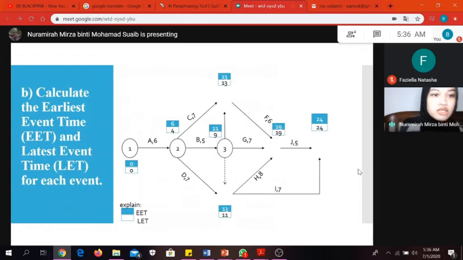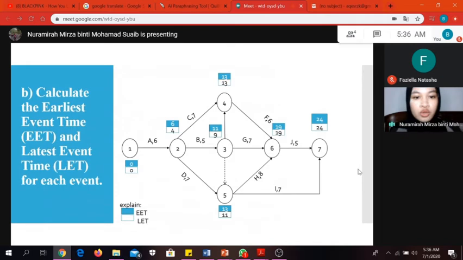Next question is calculate the earliest event time EET and latest event time LET for each event. First we add the totals of EET from node 1 to node number 2, so the first EET would be 6, and then we follow all the totals until the last EET, which is node number 7, 24.